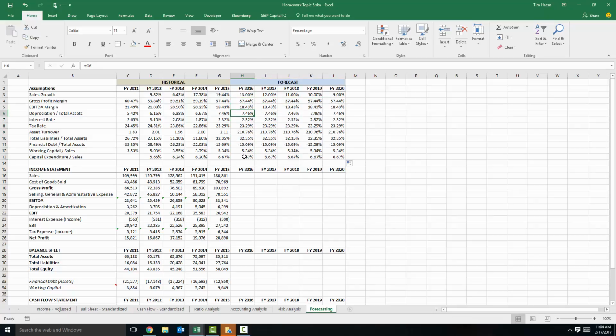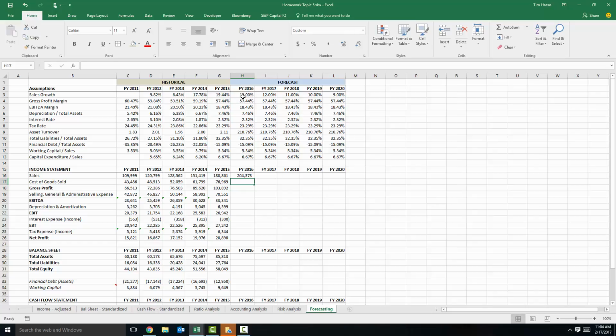Now, once we have the assumptions, we can start to forecast the income statement, the balance sheet, and the cash flow statement. So for example, to forecast sales for 2016, we would take last year's sales, multiply it, open up a bracket, 1 plus the sales growth in 2016, close the bracket, and you're done.